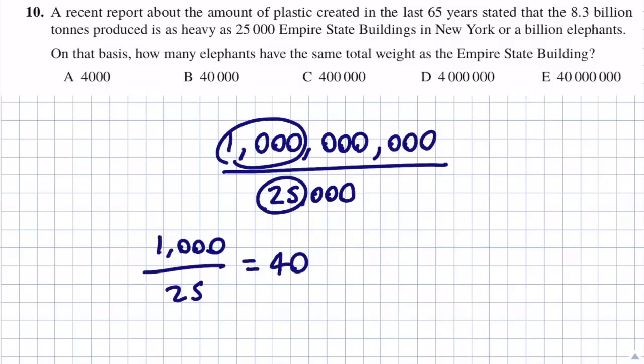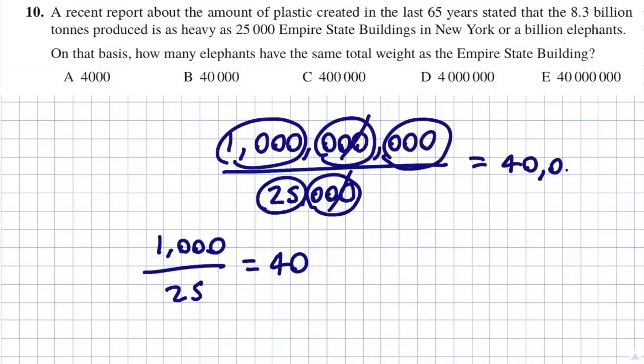So what's going to happen is these zeros here are going to cancel out. You're basically doing 1,000 divided by 1,000, which is 1. And then we've got another 1,000 here left over. So we're therefore going to have 40 followed by 3 noughts, which is 40,000. And we've got an answer for 40,000, which is answer B. So therefore, final answer is answer B.